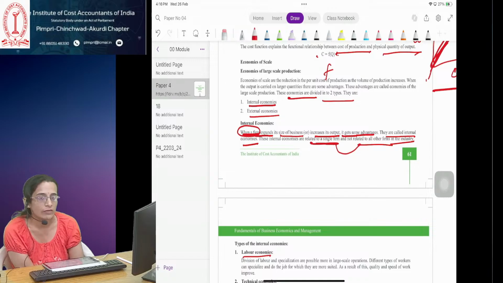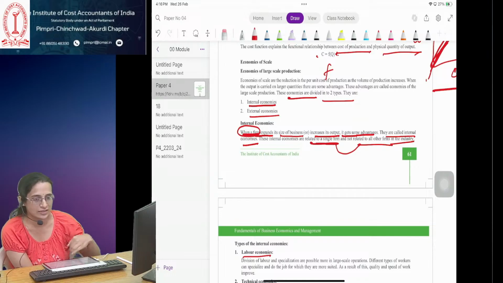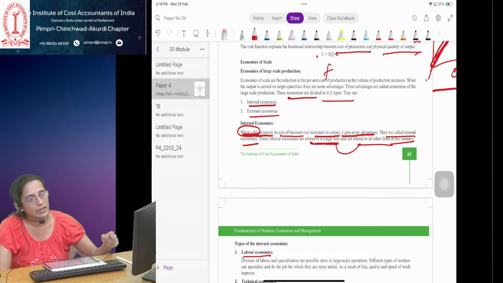So there are certain advantages that we get on internal and external. See, advantages can be to a single organization or to the whole industry, right? Whole industry producing automobile cars, the whole car manufacturer companies will get the advantage.